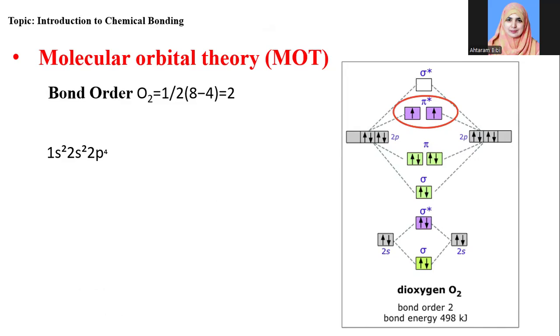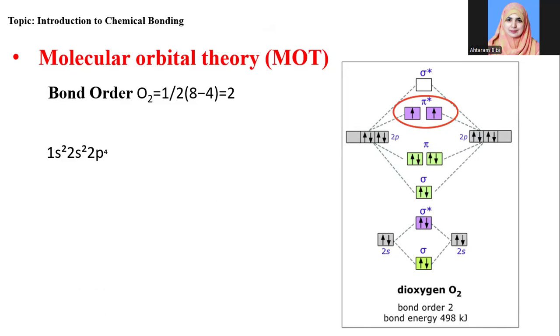If we want to calculate the bond order of this oxygen molecule, it is equal to half of the bonding electrons minus the anti-bonding electrons. When the 2s orbitals overlap, the bonding orbital contains 2 electrons here. In the green shade, we see the sigma again, and then the pi electrons. So a total of 8 bonding electrons are present.